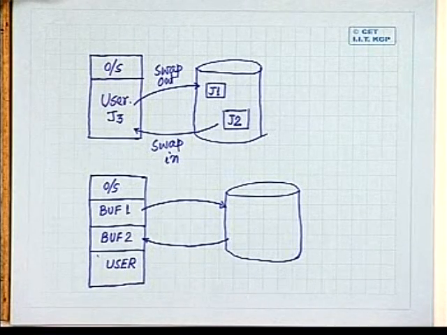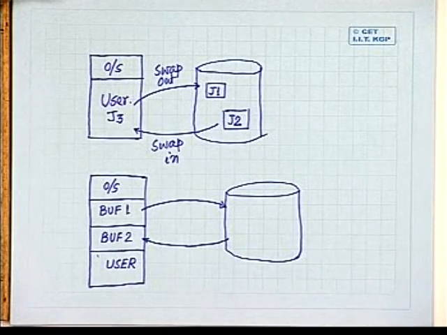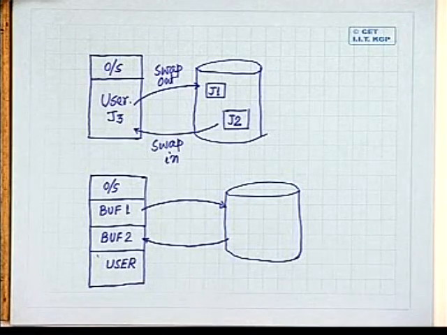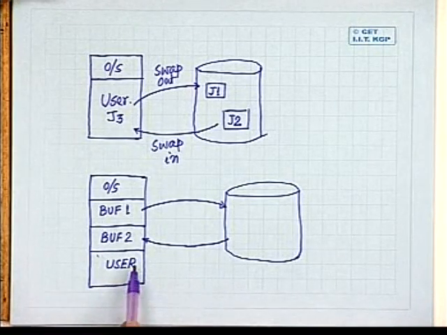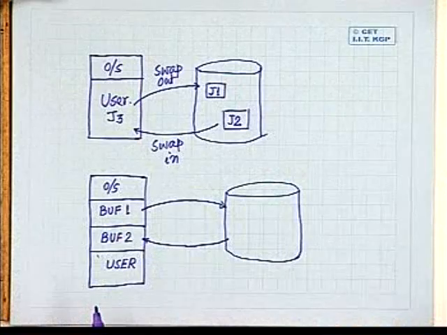Okay. Though we say all these processes can run concurrently, it is not so easy, because during execution the user program will try to access memory, the same memory. The process which is swapping out from buffer area 1 will also access the main memory.